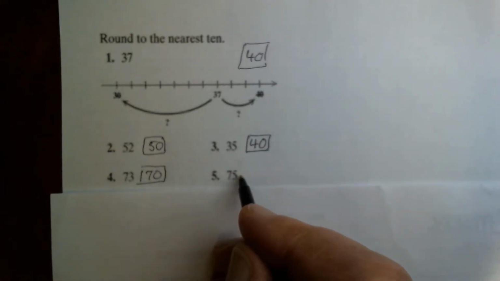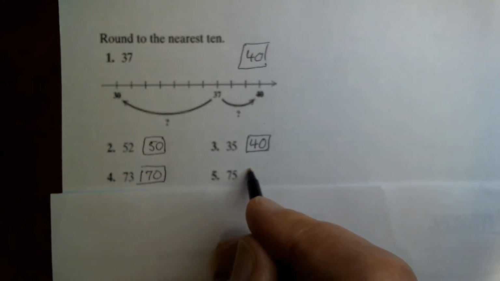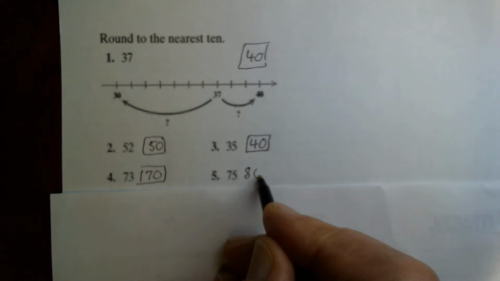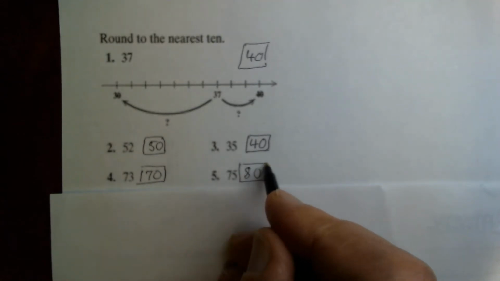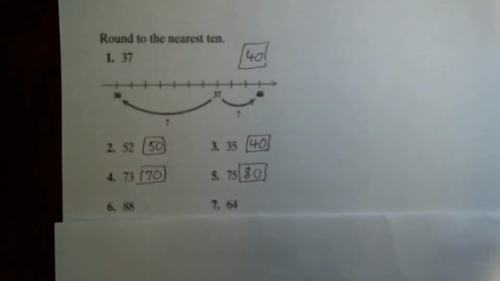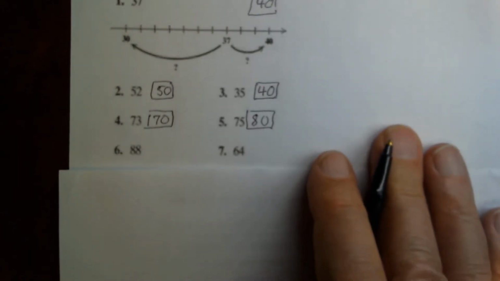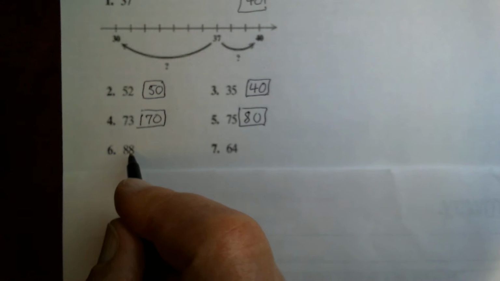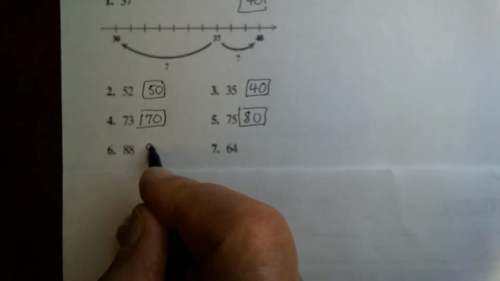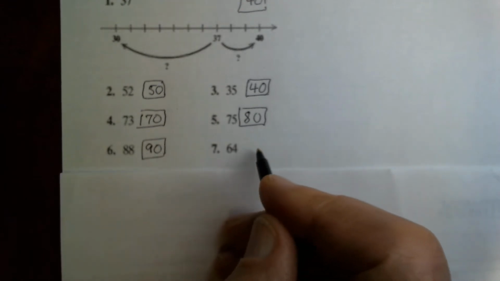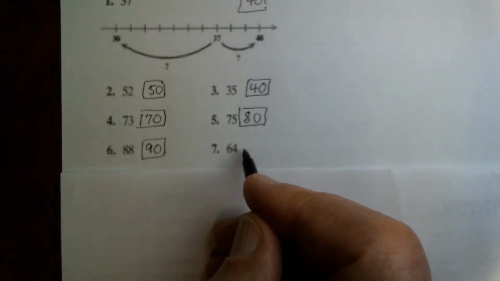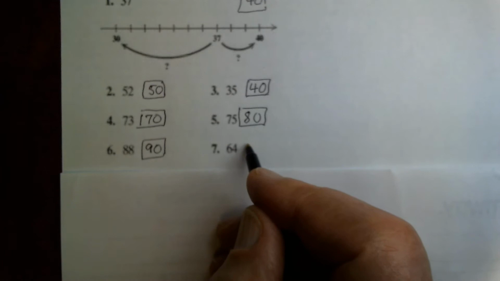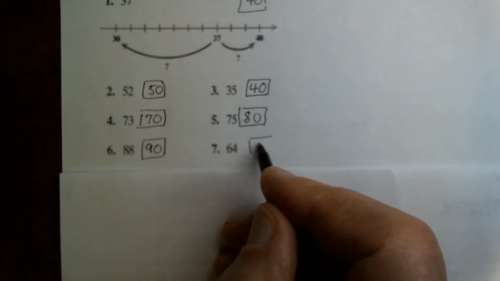So 75 is halfway between 70 and 80, and again we round up in a case like that, so the rounded value would be 80, the nearest 10. 88 is between 80 and 90, but it's closer to 90, so the rounded value is 90. 64 is between 60 and 70, but it's closer to 60, so we round it to 60.